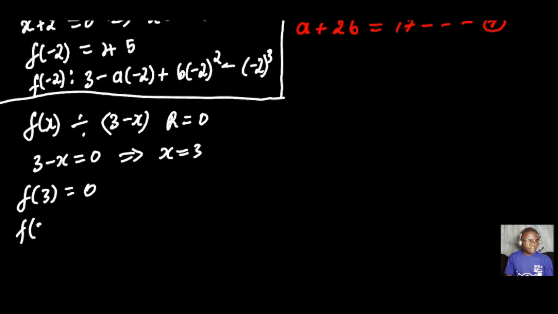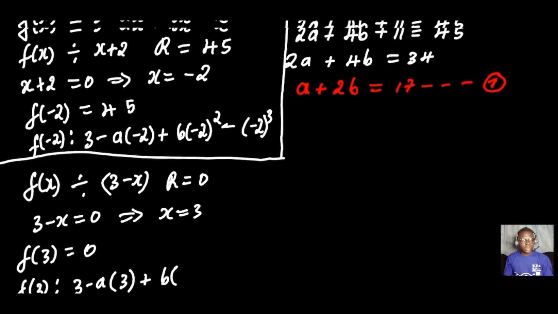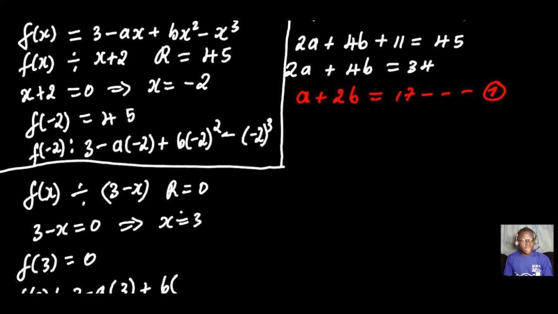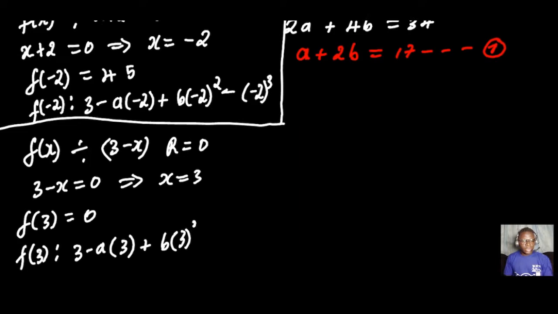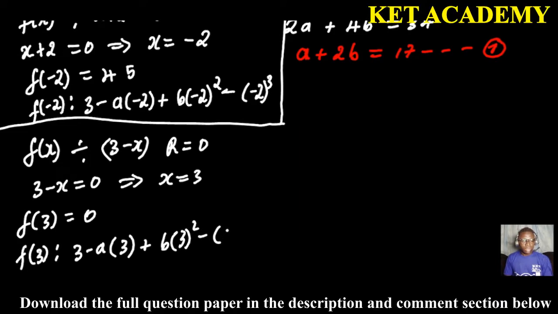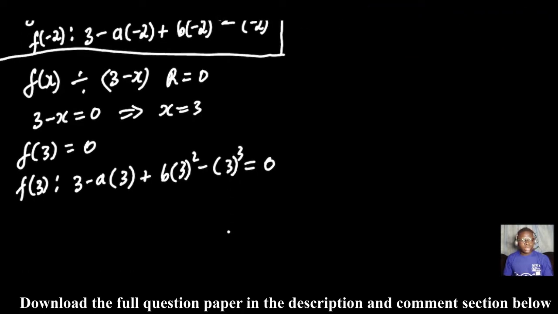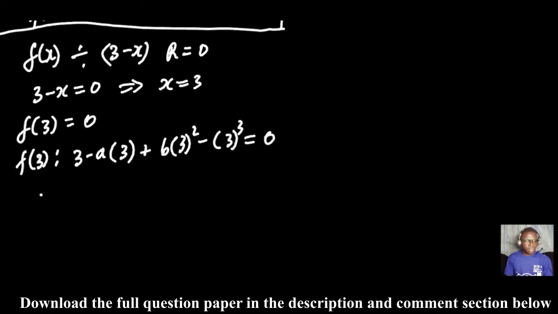But what is our f of 3? Our f of 3 will simply be 3 minus a into 3 plus b into 3 squared minus 3 cubed. Now we know that this should be equal to 0. So simplifying this, we have 3 minus 3a plus 9b minus 27 equal to 0.